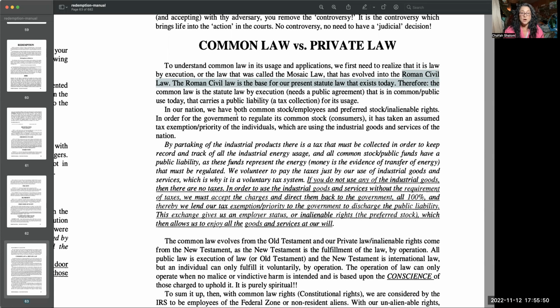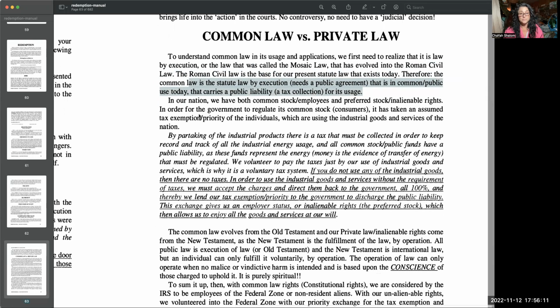Therefore, the common law is the statute law by execution, needs a public agreement that it is in common public use today, that carries a public liability, a tax collection for its usage.